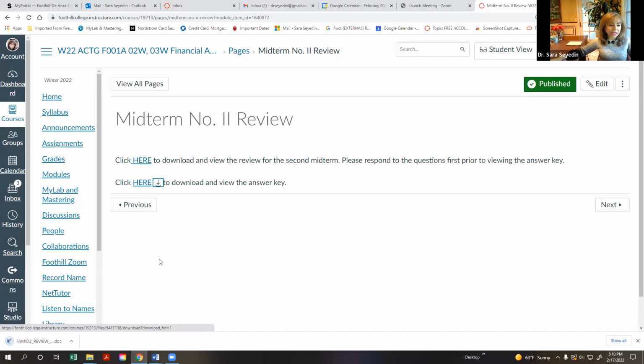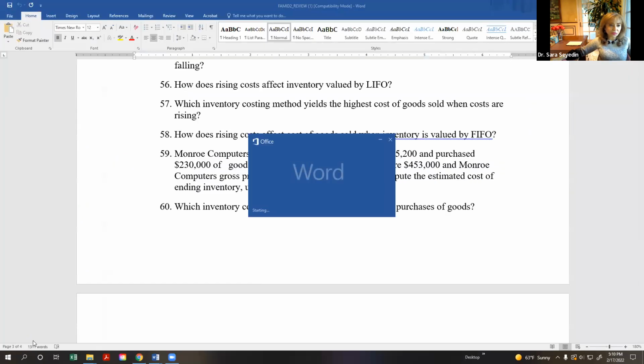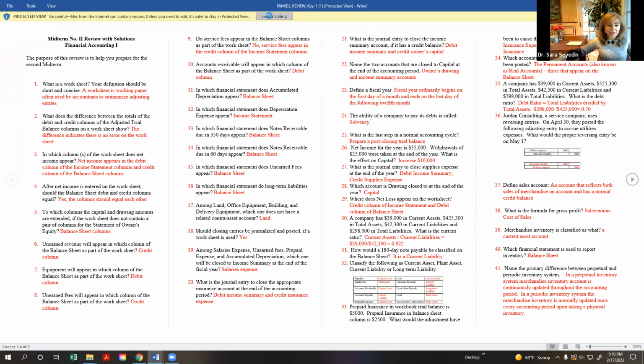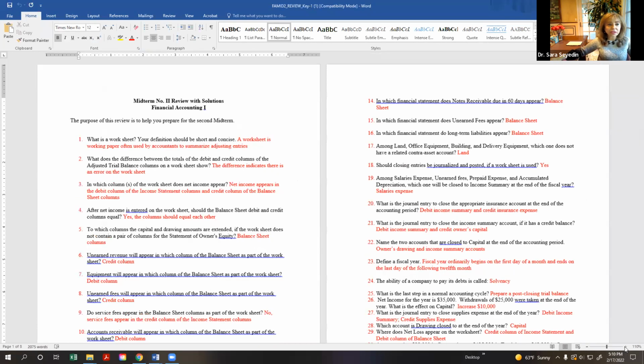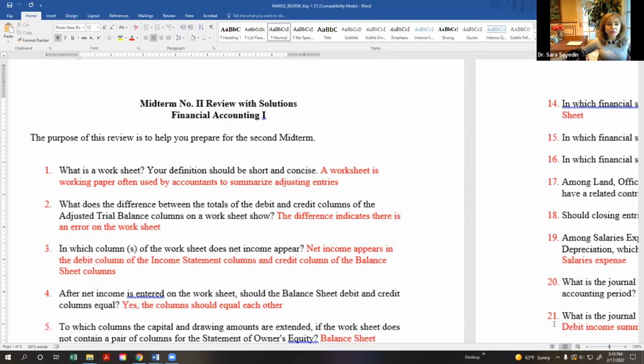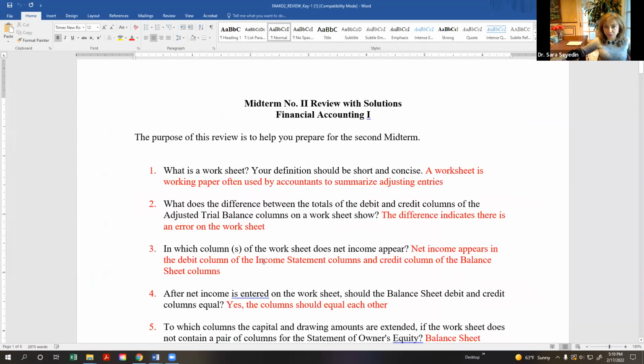So I'm downloading the answer key. There you have it. The answers are all written in red, so you can clearly see these are the answers to the questions.